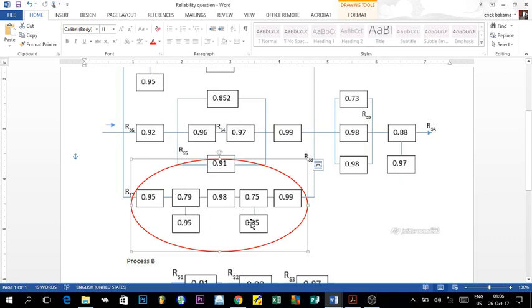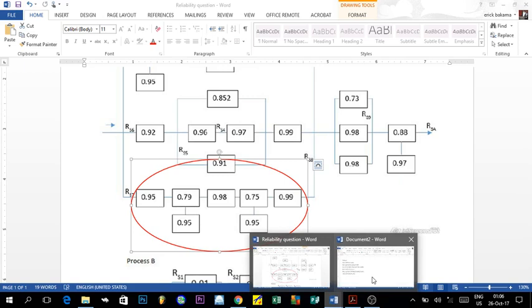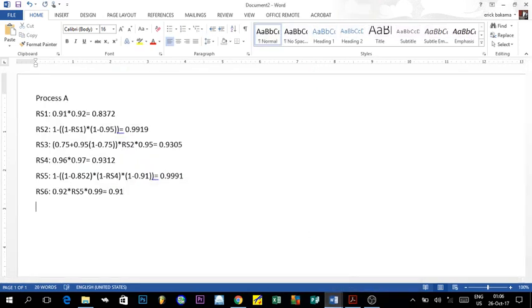We'll also include them in our formula, but you know that this part here has 5 components, all of them in series. So that means error 7 will give us a value of 0.95 first.